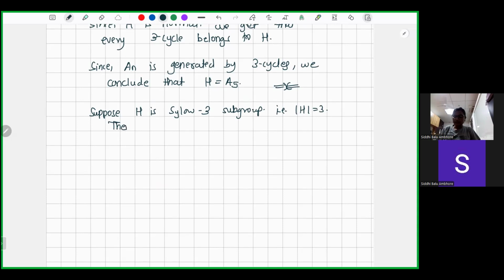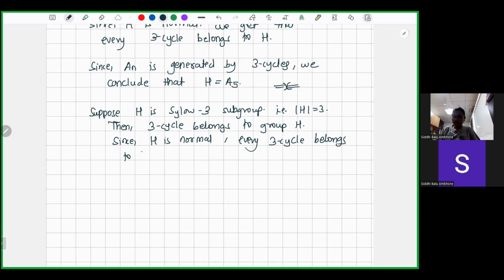Then since this 3 definitely divides order of H, and hence a 3-cycle belongs to this group H, and since H is normal, every 3-cycle belongs to H. This again will imply that H is entire A5, and this will again give me a contradiction.